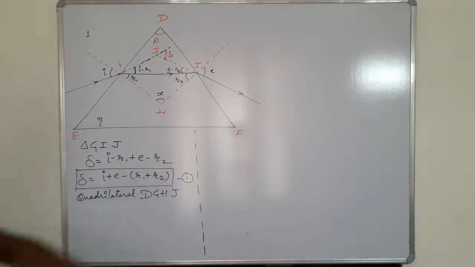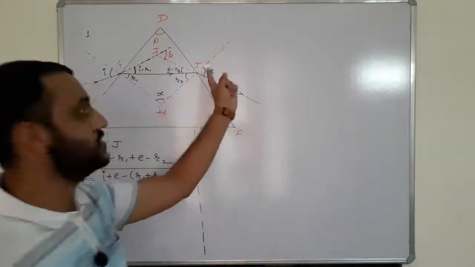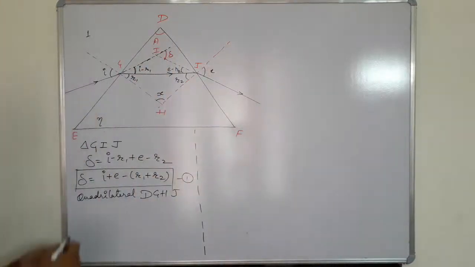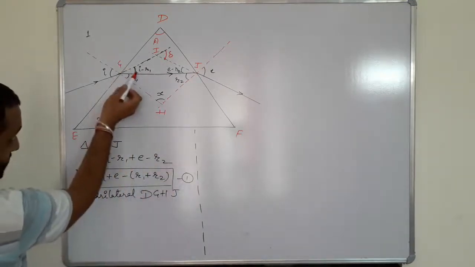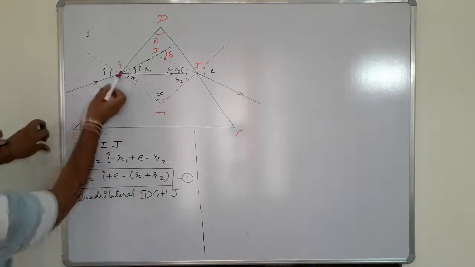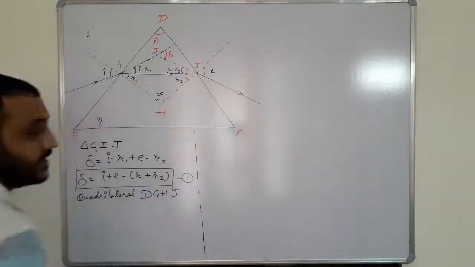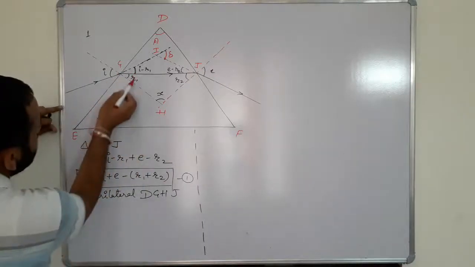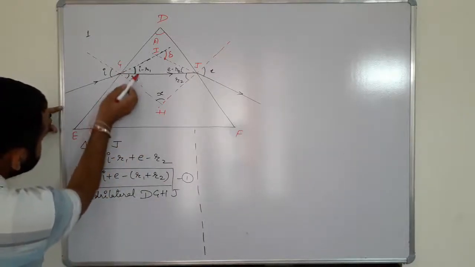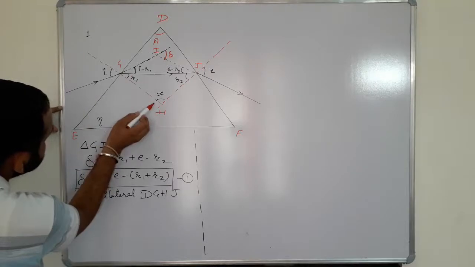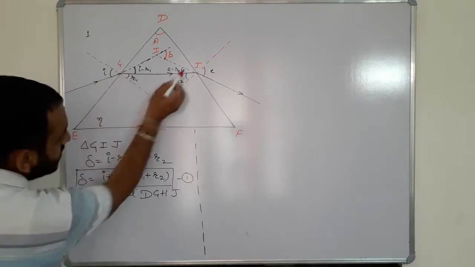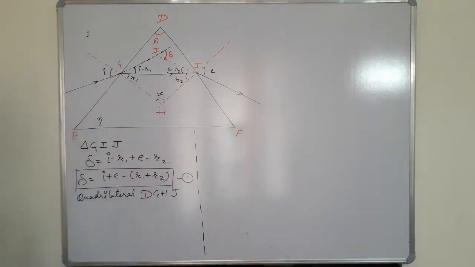If you observe this quadrilateral DGHJ, you will see that this one is 90 and this one is also 90. Why is this one 90? Because this is a normal. So this will be 90, this will also be 90. So what can we write?